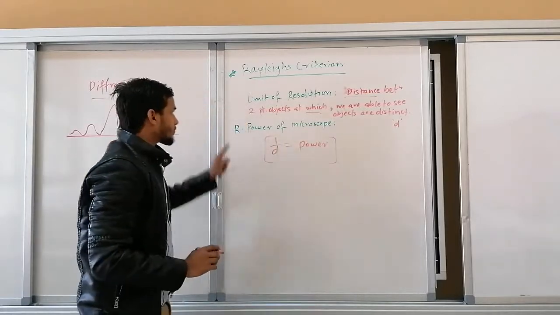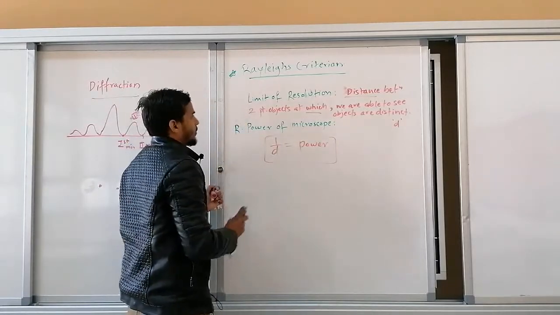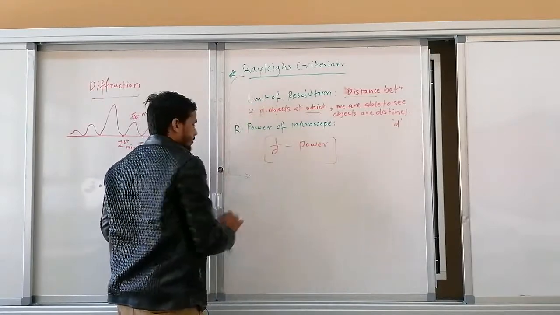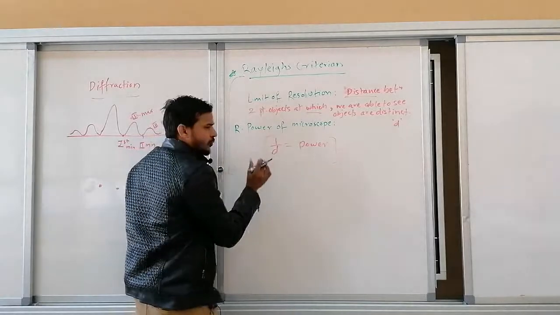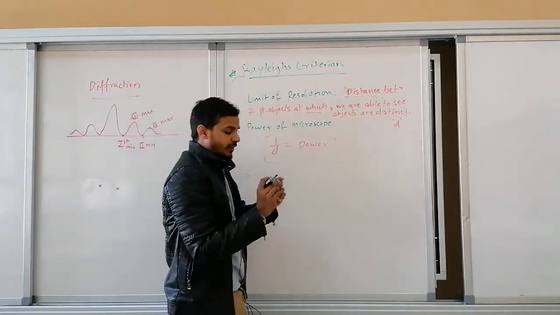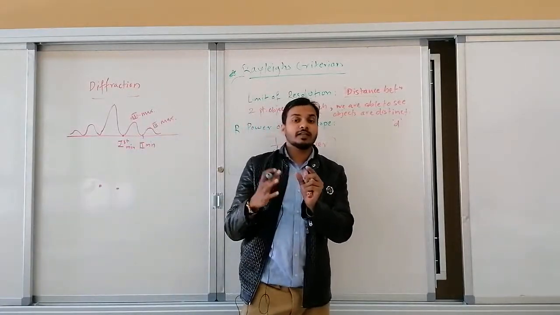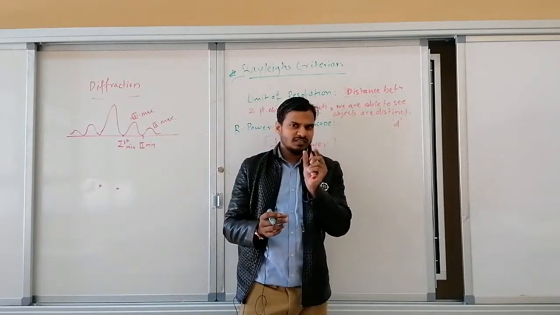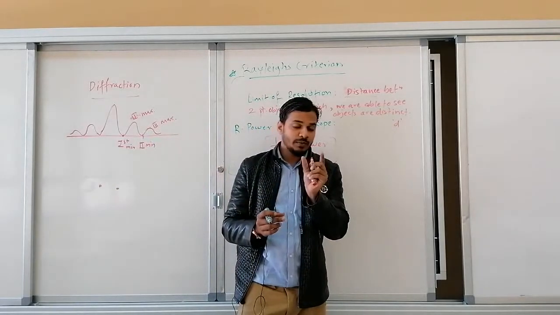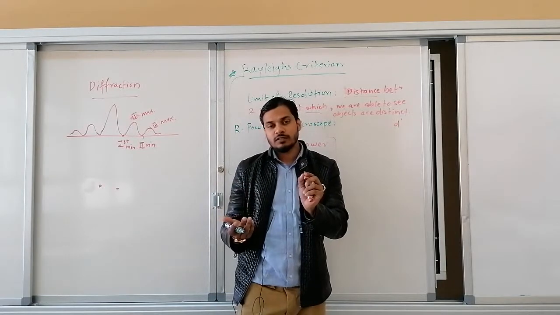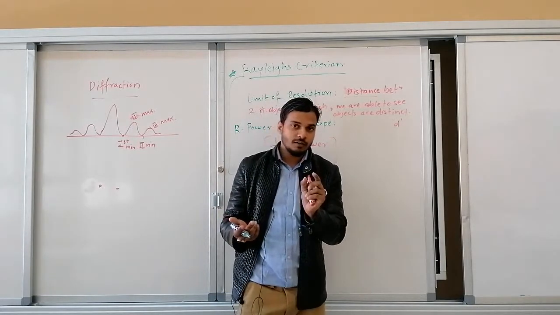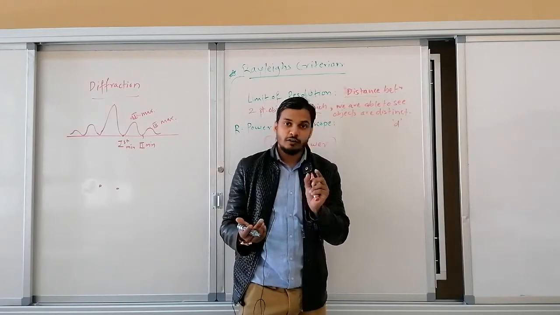Now let's continue our topic. These two-point objects can be represented in three ways: just separated, well separated, or not separated. In other words, just resolved, well resolved, and not resolved.